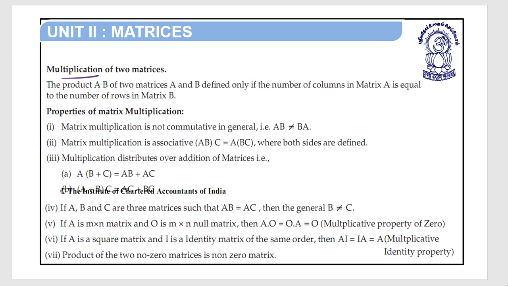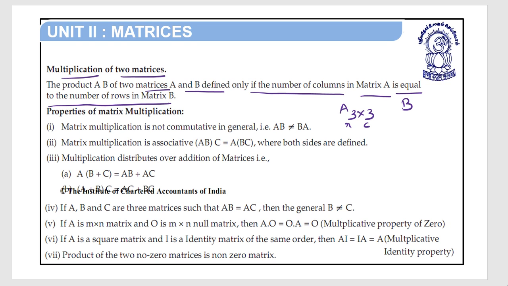Multiplication of two matrices. The product AB of two matrices A and B is defined only if the number of columns in matrix A is equal to the number of rows in matrix B. Now consider A is a 3 by 3 matrix, and B is a 3 cross 2 matrix.